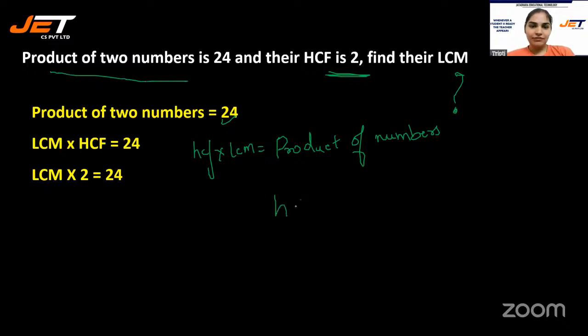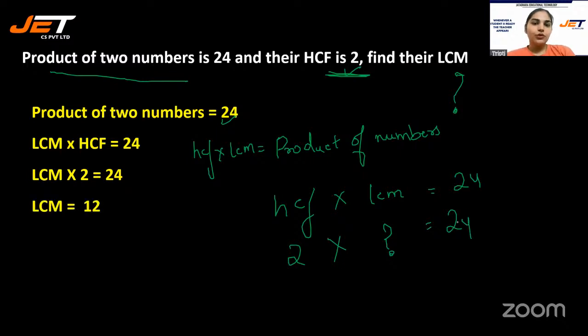That means HCF times LCM is given to you, which is equal to 24. HCF is 2. LCM we don't know. So how to find this LCM? You will divide 24 by 2. You will get the answer as 12. LCM is equal to 12. All right. LCM is equal to 12.